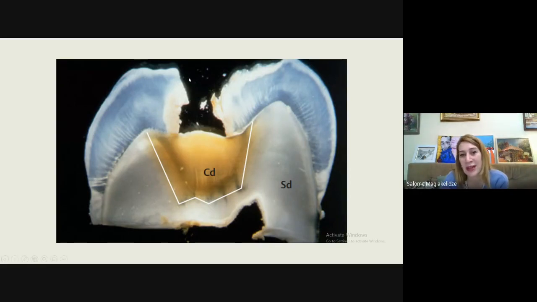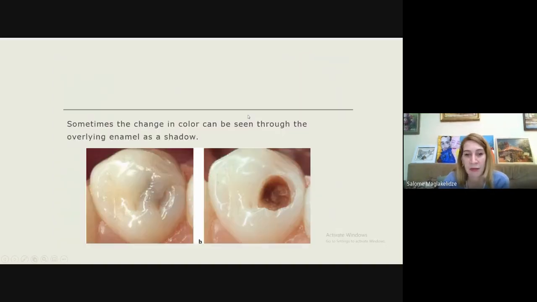If you see that enamel is damaged like this, you should always know that there is a bigger problem in the dentin. I showed you a case like this in the last lecture, and here you see something dark through the enamel, and you suppose that this is caries, and indeed it is, because when you take out all the enamel, you can see how demineralized the dentin is underneath.